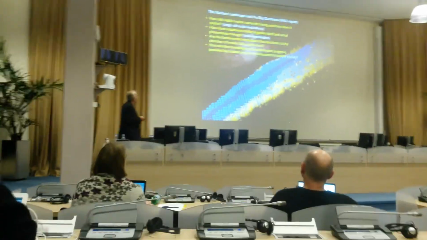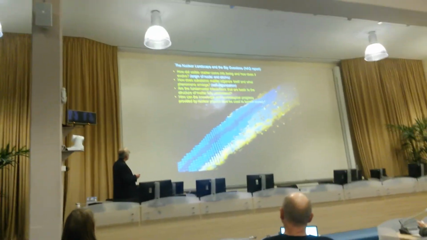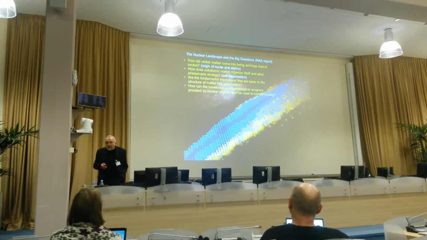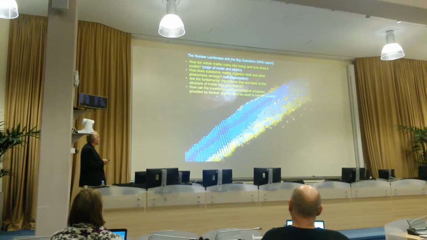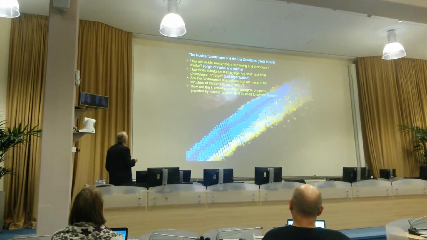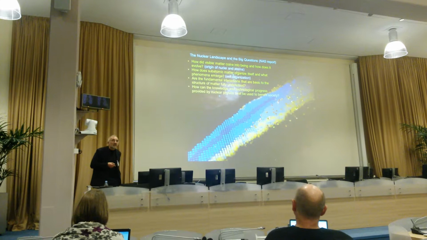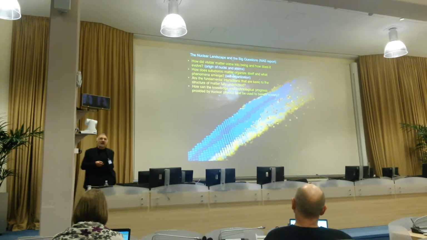The second question is about emergence, about self-organization. How does subatomic matter organize itself, and what phenomena emerge? And the second question has, of course, lots of common points with condensed matter physics and atomic, molecular, and optical physics. The third question is about the fundamental interactions, the physics of the new standard model.